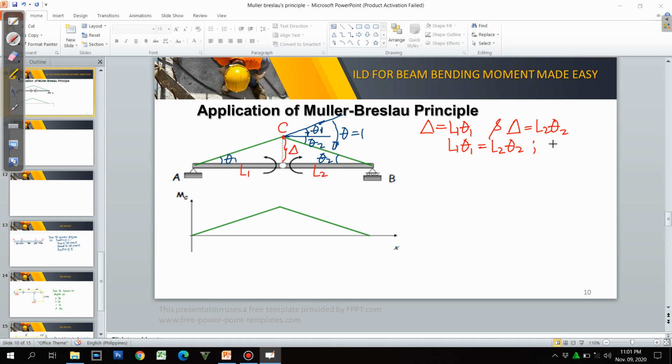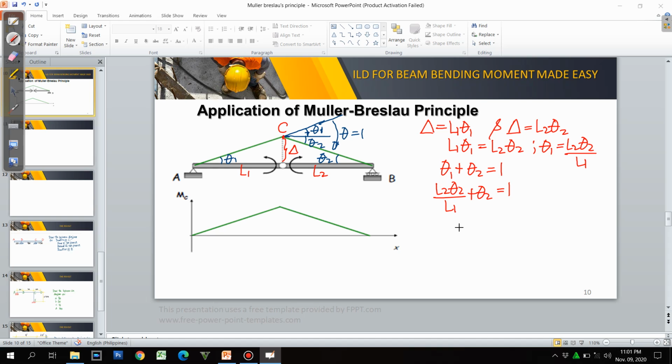Hence, we can use theta 1 will be equal to L2 theta 2 all over L1, and then we go back to this principle. Theta 1 plus theta 2 is equal to 1. So we substitute theta 1 here. L2 theta 2 all over L1 plus theta 2 is equal to 1.